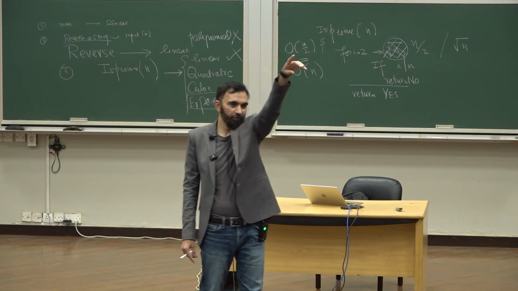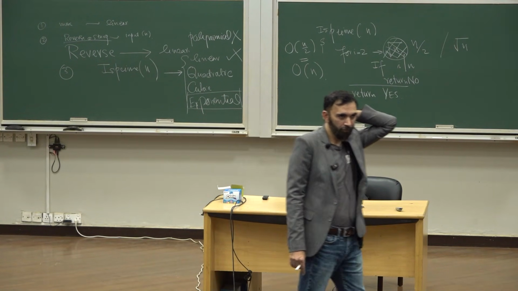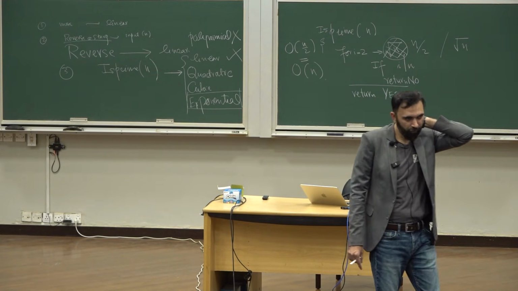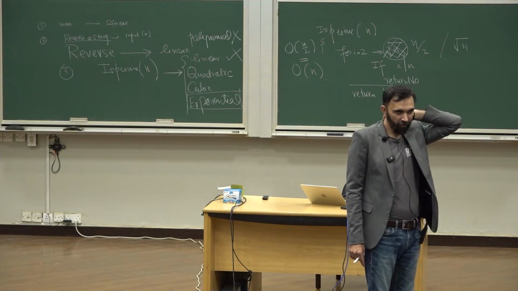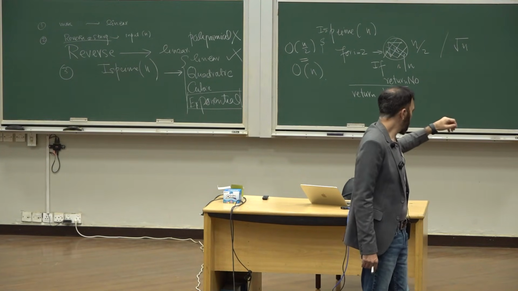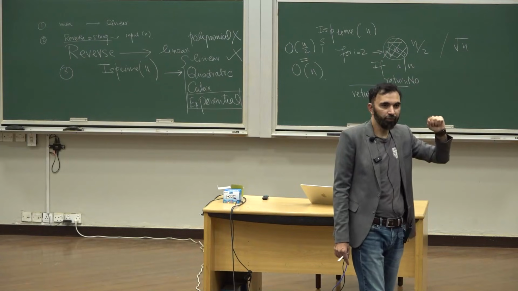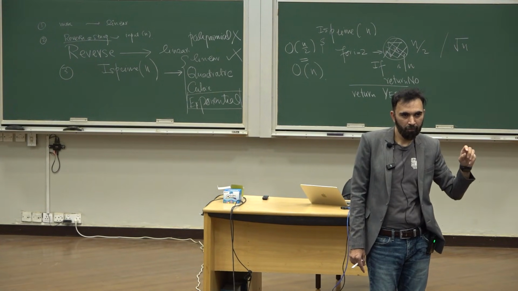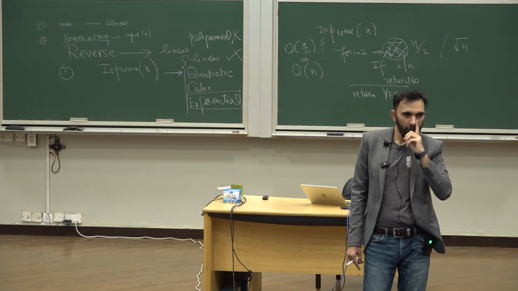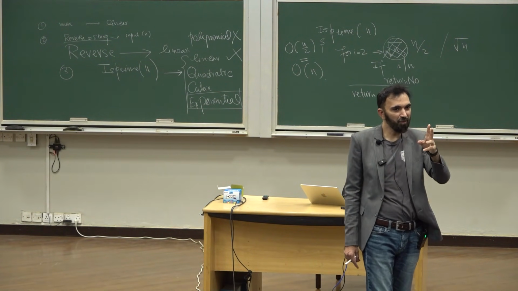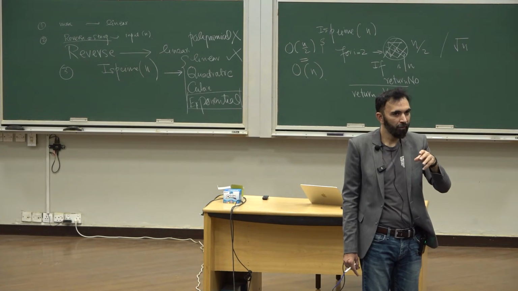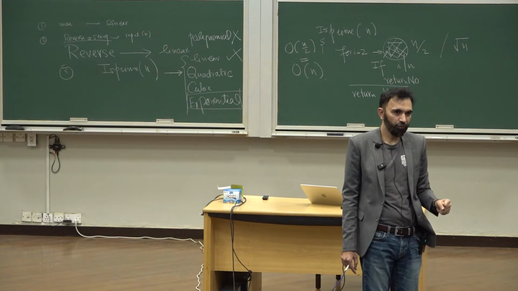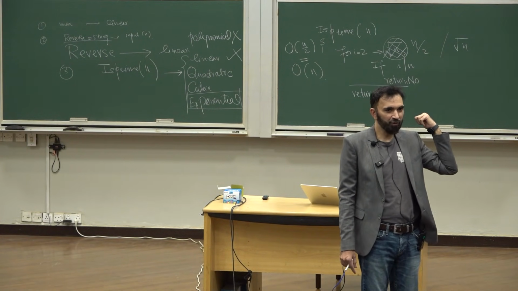Go ahead. So he's saying that we are not adding a constant somewhere. That's the reason. Then it's divisible by? That's true. That's true. Why does it make this algorithm exponential?